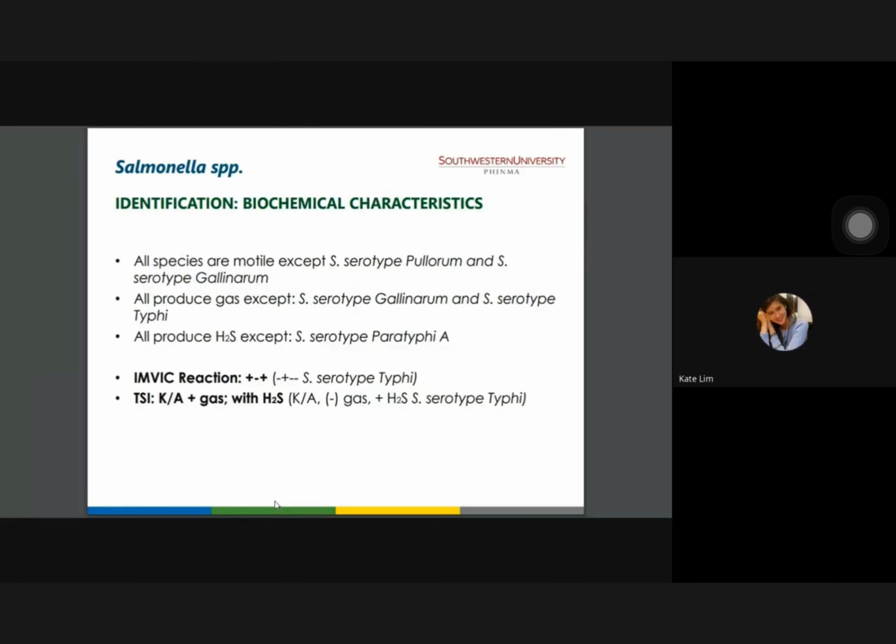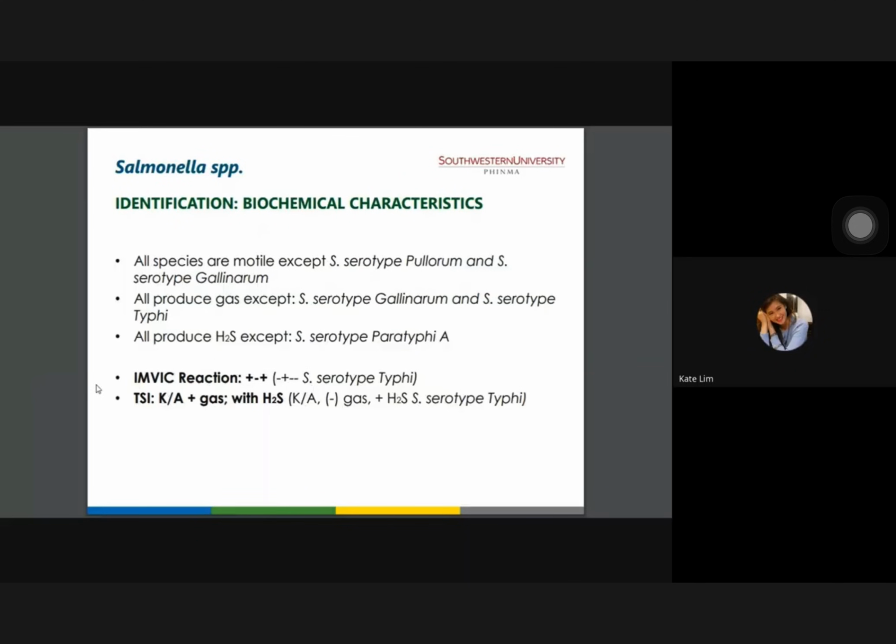So again, these serotypes do not produce gas, but then again, most of your Salmonella serotypes are active producers of hydrogen sulfide, with the exception of Salmonella serotype paratyphi. So your Salmonella again has a very specific pattern for your IMViC and also for your TSI.